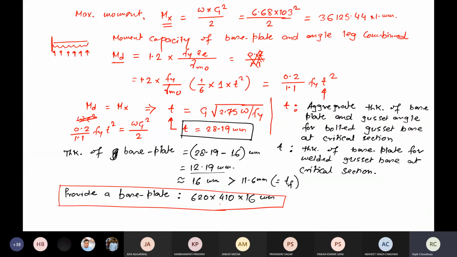So this would be one of my answers. Okay, what is the other portion that has been left over here? Now the connection is coming. Connection means here the bolted connection. So the bolts would be in single shear or double shear, and bearing.